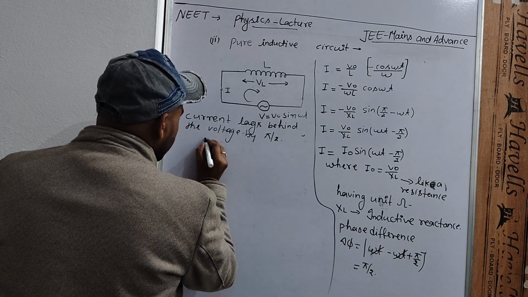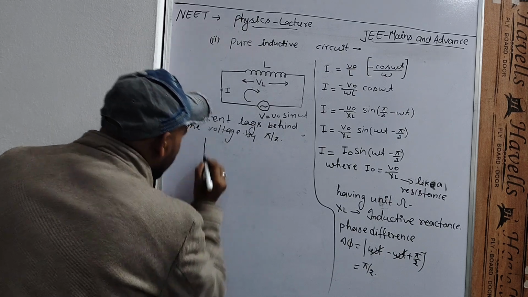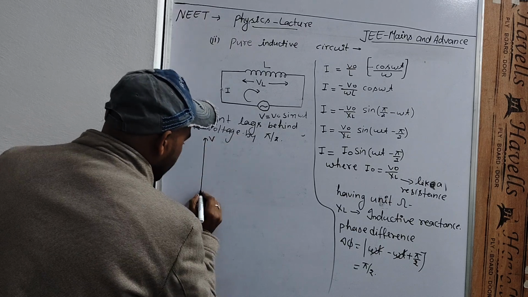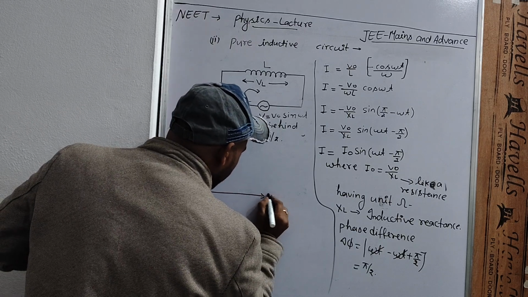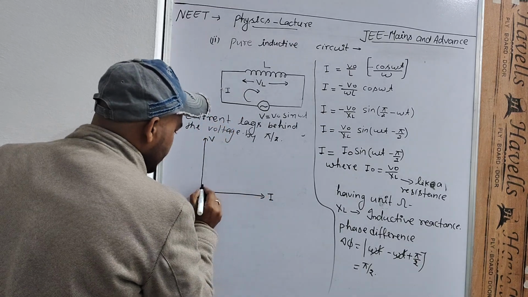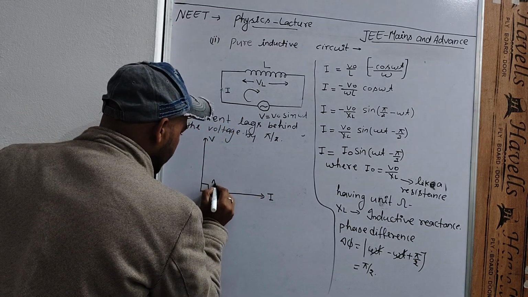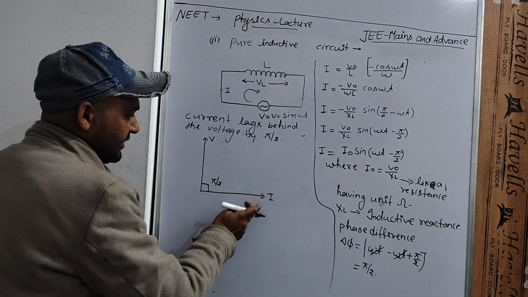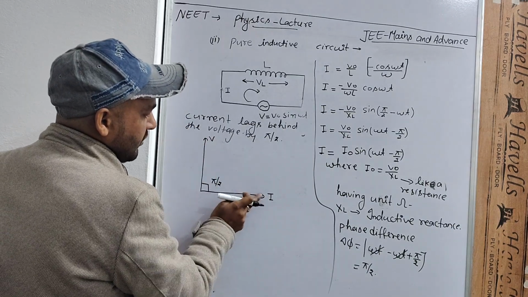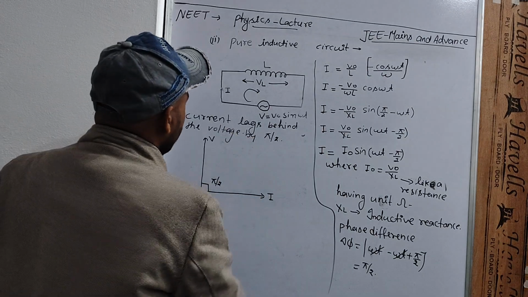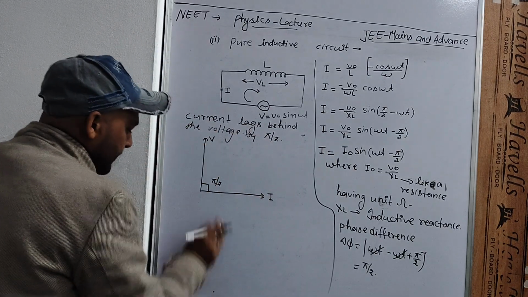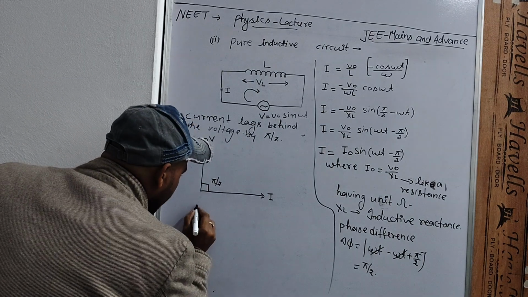Suppose this axis shows the instantaneous value of voltage and this axis shows the value of instantaneous current. The phase difference between them is pi by 2 and current lags voltage by pi by 2. We can draw this diagram like this.